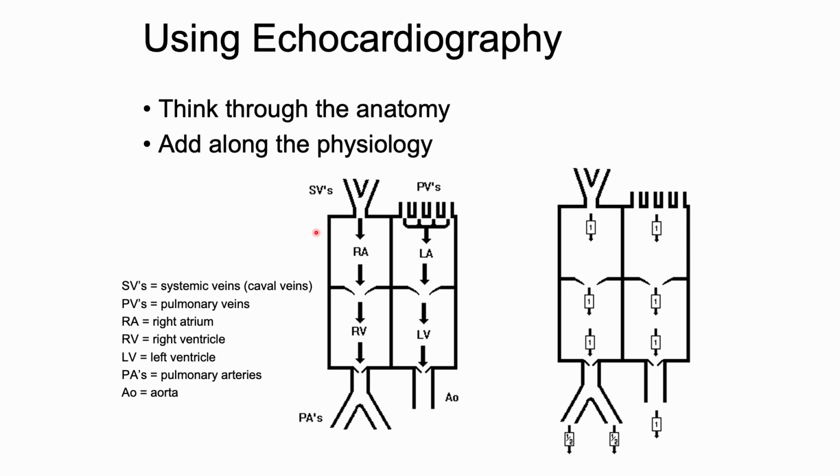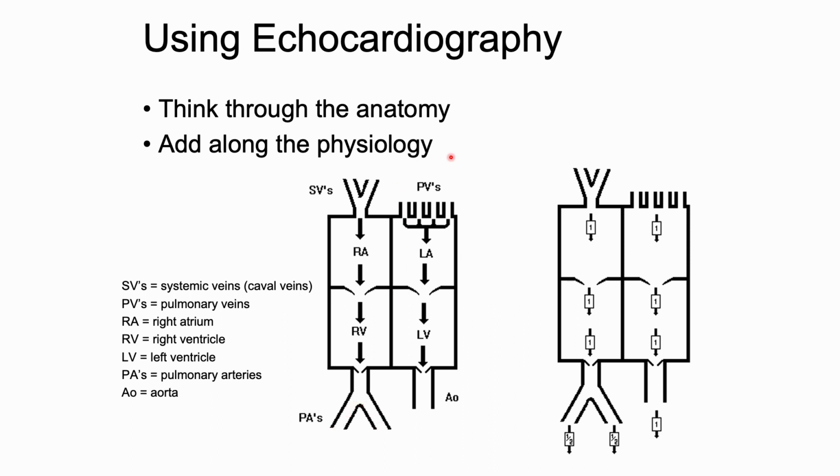So if you look here, I want you to pay attention to this picture. This is the right side of the heart, and this is the left side of the heart. You can see the systemic veins, SVs, draining into the right atrium, passing through the tricuspid valve, into the right ventricle, passing through the pulmonary valve, into the main pulmonary artery, branching into the right pulmonary artery and the left pulmonary artery.